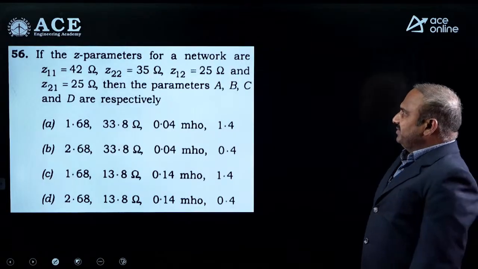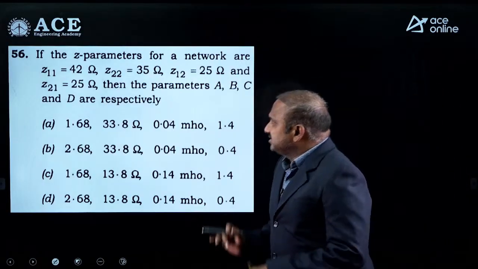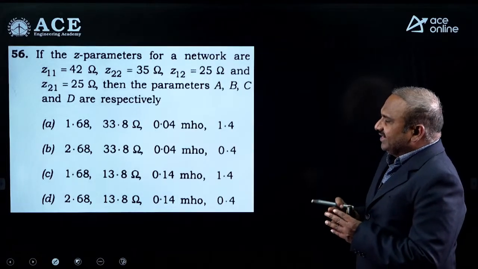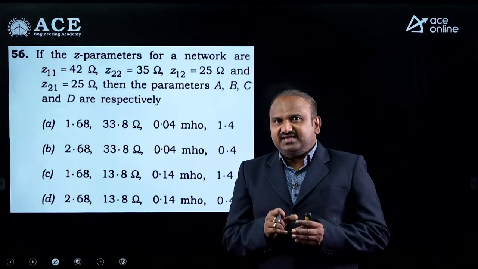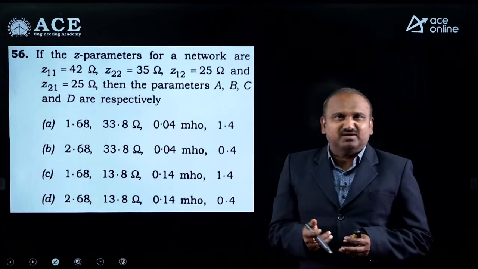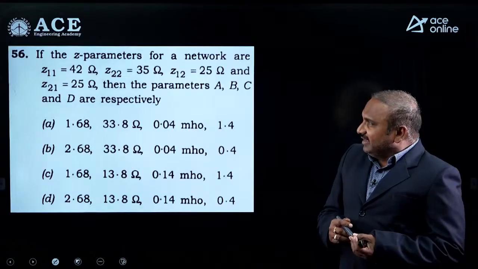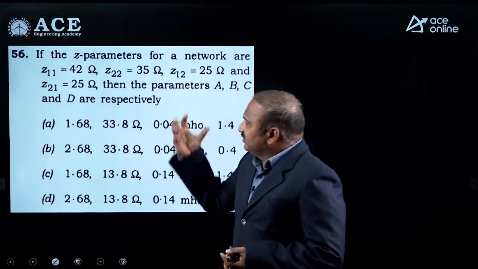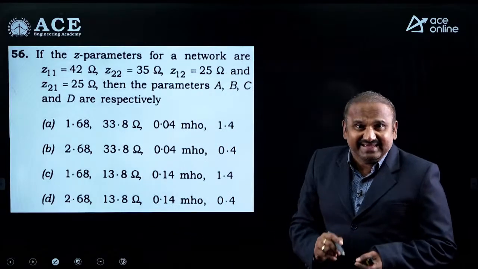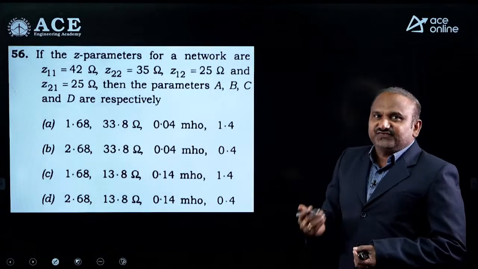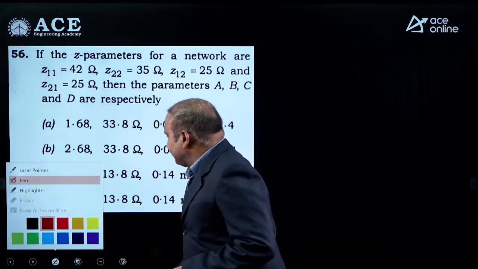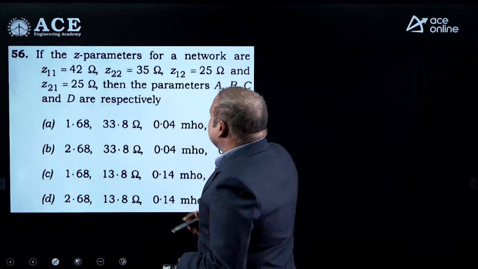The next example. If the Z parameters of a network are Z11, Z22, Z12, here the Z parameters are given. With that, you have to find the ABCD parameters. Actually, if you want to find the ABCD parameters, we need to go for the standard formulas. But the examiner has given that Z12 is equal to Z21. It is satisfying the reciprocal network condition. Once it is satisfying the reciprocal network, definitely I can take this as a T network.